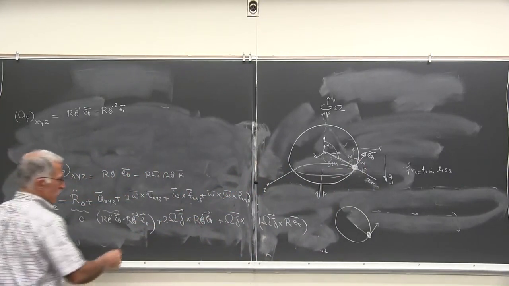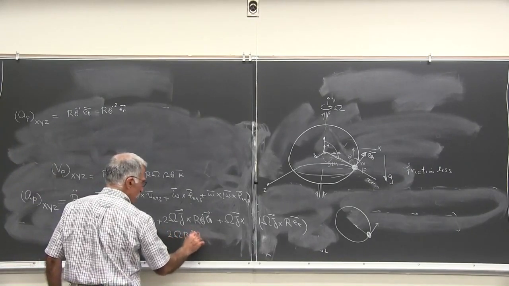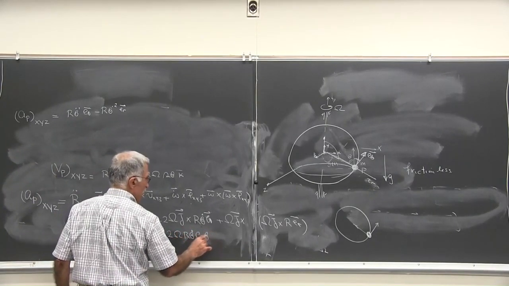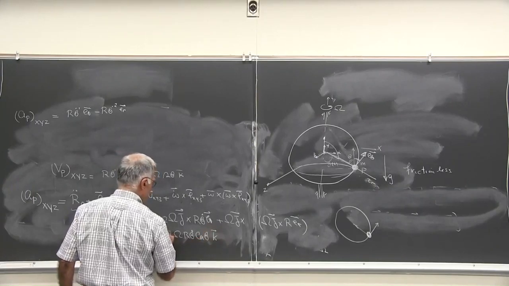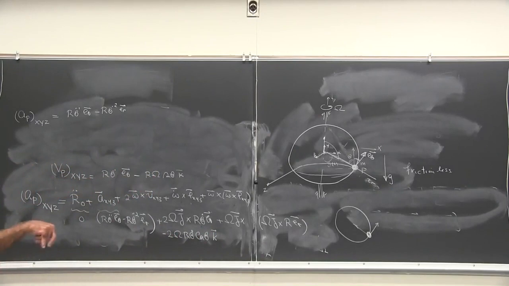So this becomes 2 omega r theta dot cosine theta, and the direction of that one is negative K. J times e_theta is perpendicular to the blackboard, times the sine of the angle in between, pi over 2 minus theta, and sine of that becomes cosine.